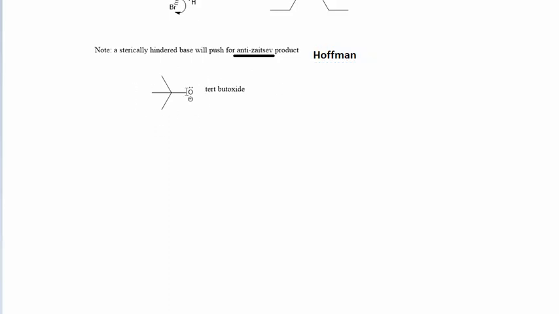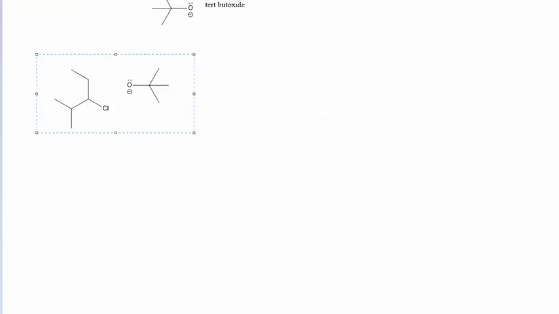So every time so far we've been trying to make the Zaitsev product, but with tert-butoxide, a sterically hindered base with all of these alkyl groups making it very bulky, you will instead drive the reaction toward the less substituted double bond. So let's give that a try. Try it on your own first to see if you can figure out what's going to happen. So pause the video.